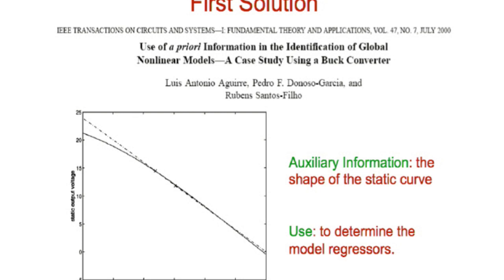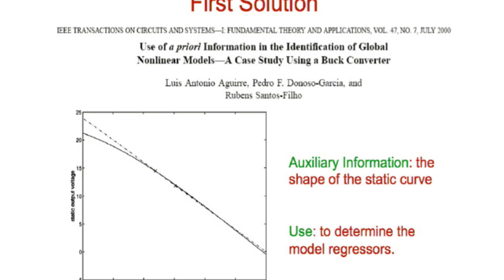So in the end, you have a reduced set of regressors which are slightly more consistent with the information that the steady state curve, the calibration curve, if you like, is a line. Okay? That's all we do. We just remove regressors from the set of candidates.